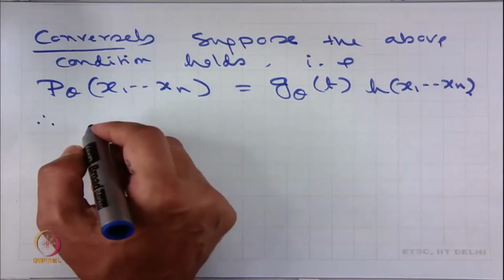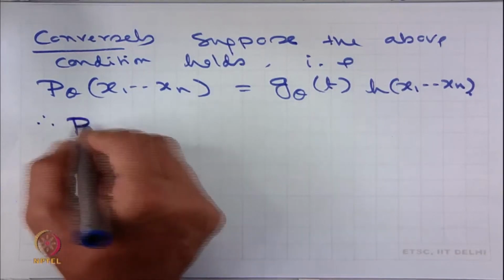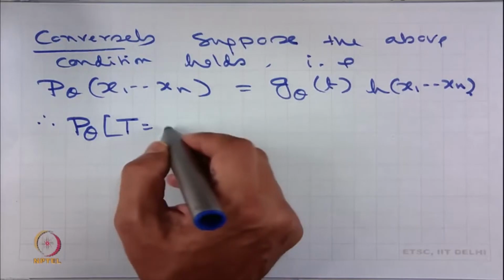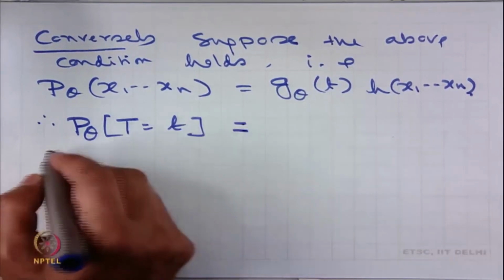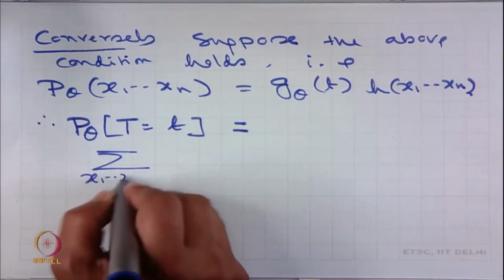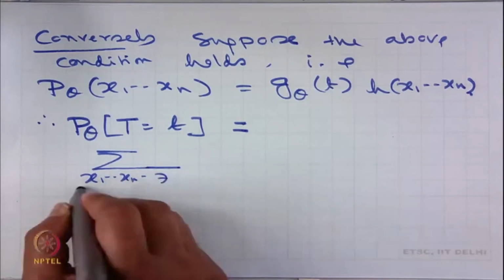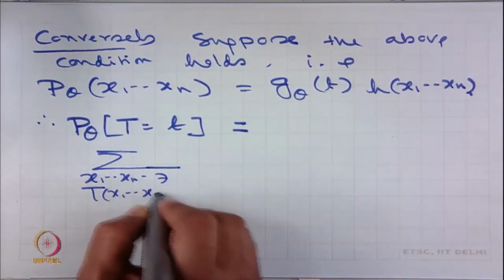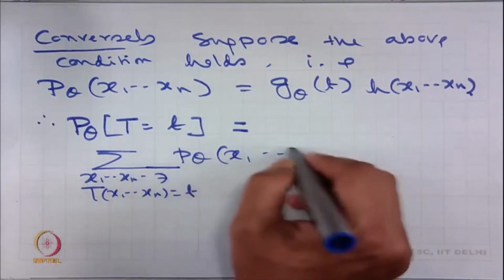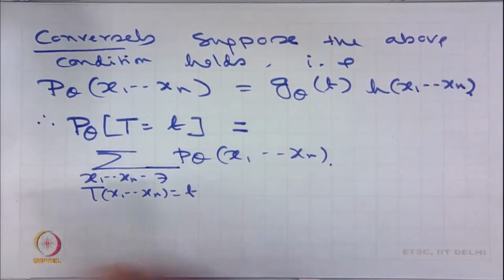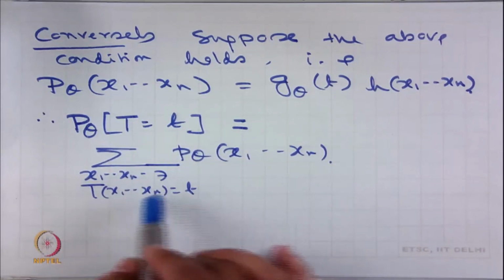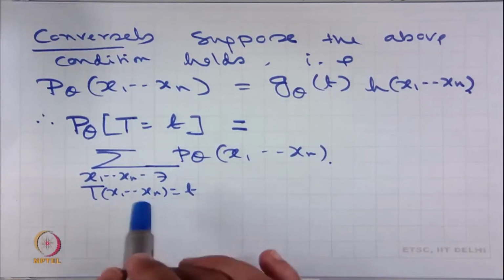Therefore, probability theta of t is equal to say t is equal to summation over all those x1, x2, xn such that t of x1, x2, xn is equal to t of p theta of x1, x2, xn, that is, all those values of x1, x2, xn that generate the value of the statistic t of x1, x2, xn to be t.